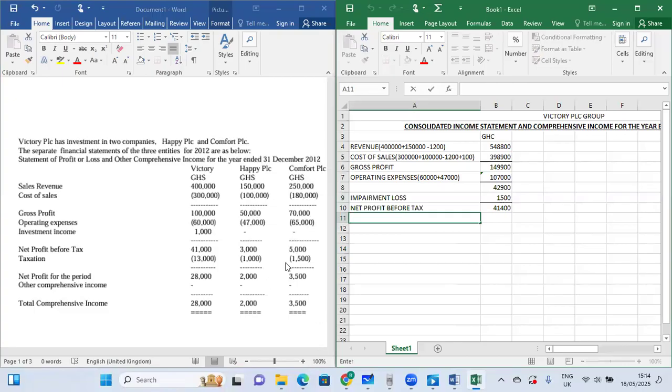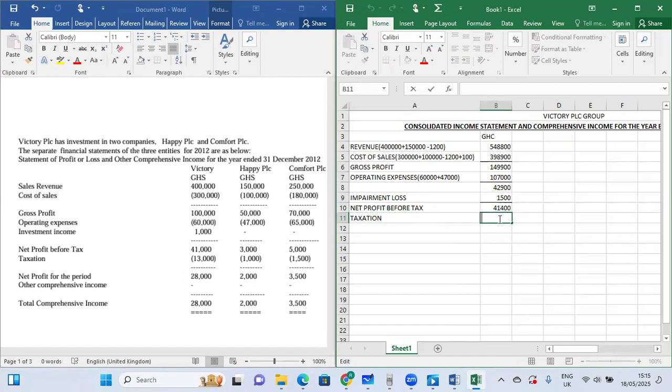Remember the investment income, we've already treated them because they were broken down for us in the additional information, right? So they told us that Happy is 800 and then this other one is 200. So we will take them out of their net profit for the period. Don't worry. So now the net profit before tax, then we bring in our taxation.